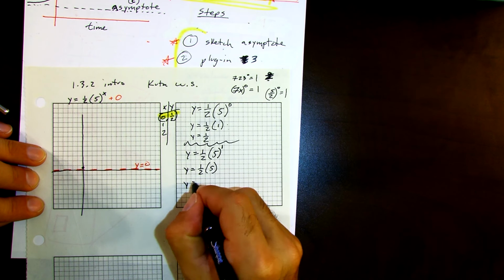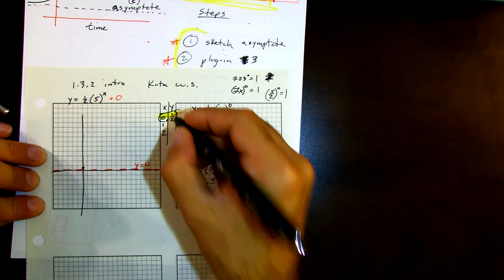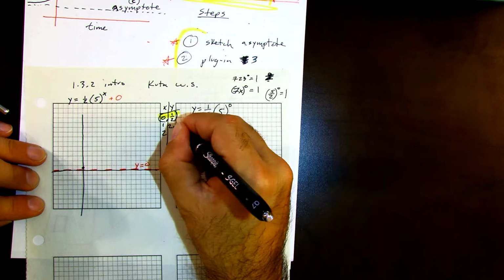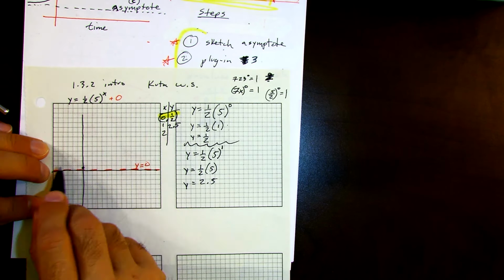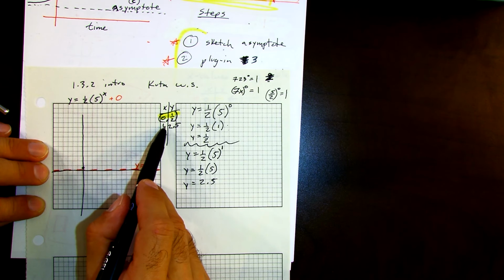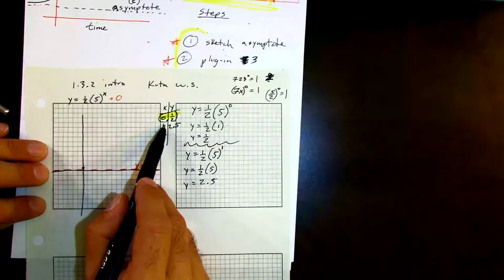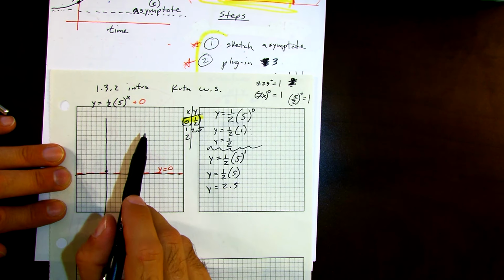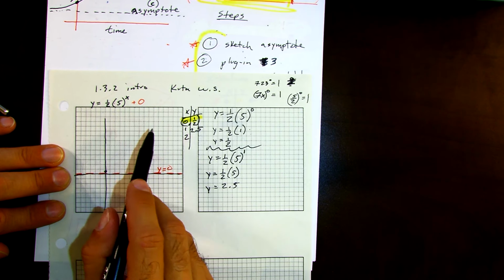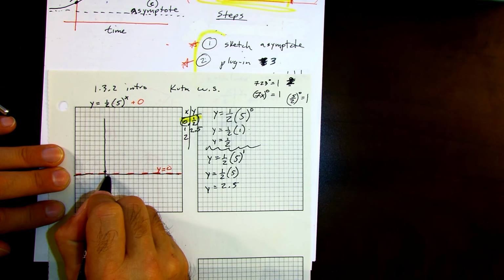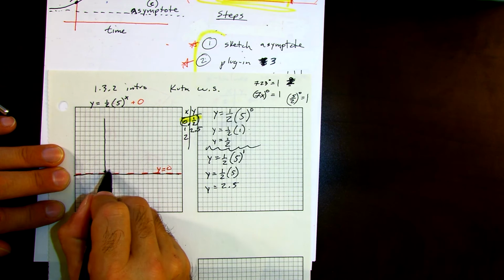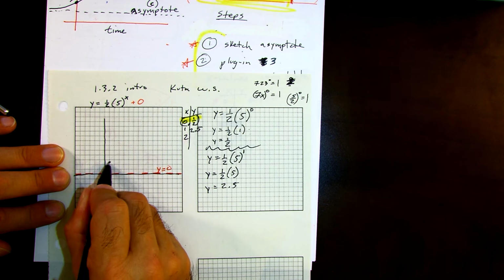And then 5 divided by 2 is 2.5. So let's see. When we are at 1 for x, then we have 2.5 for y. So 1 for x, 1, 2.5.